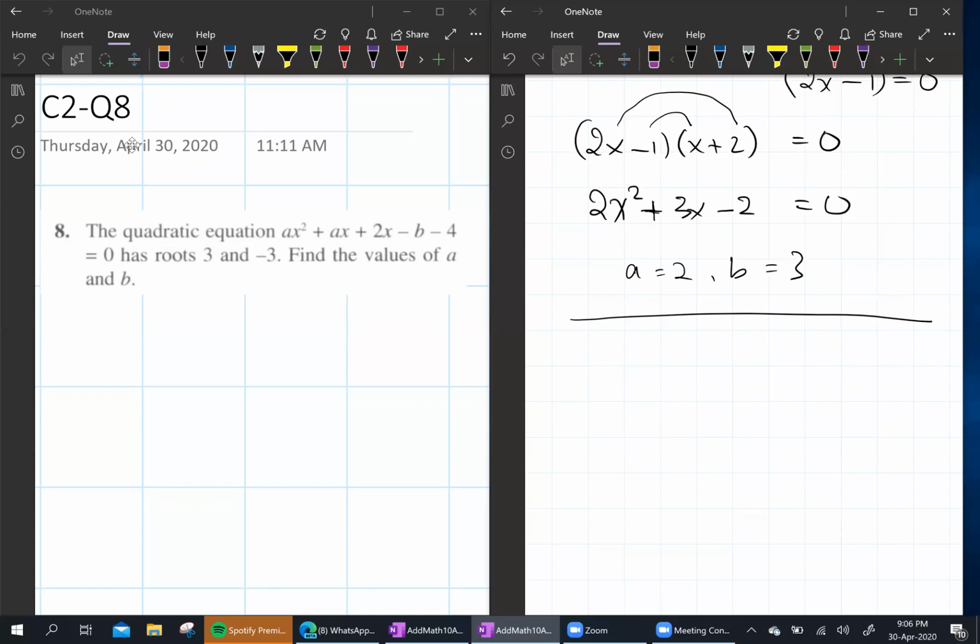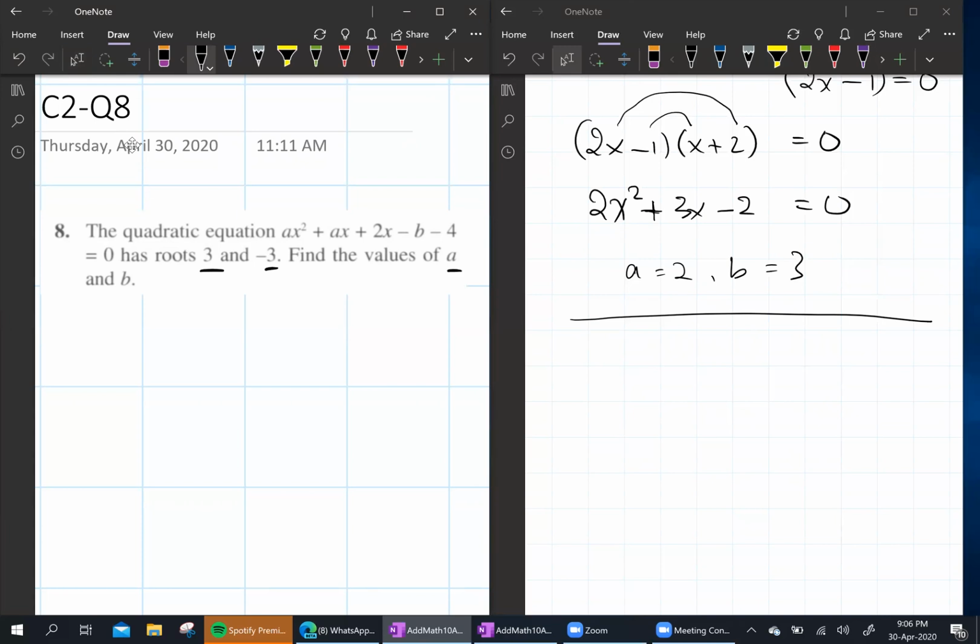Alpha is 1 and beta is 0? No. No need to use alpha, beta. This is actually your alpha, beta already.